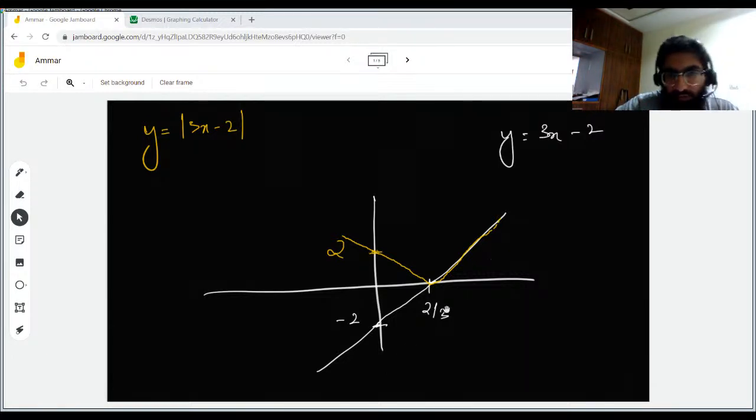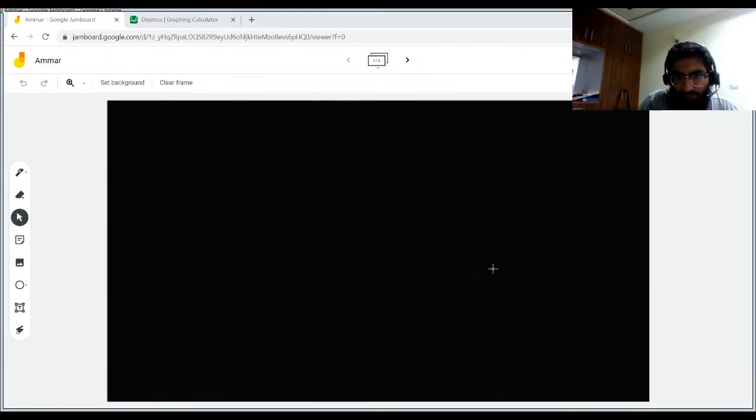Then if we have to find the solution of an equation, we have got 2x minus 1 is equal to 5. How we do these questions usually is, for example, let me show you on desmos.com.